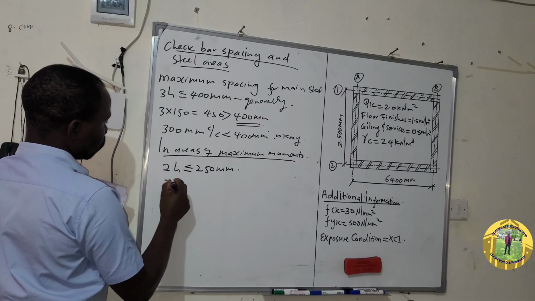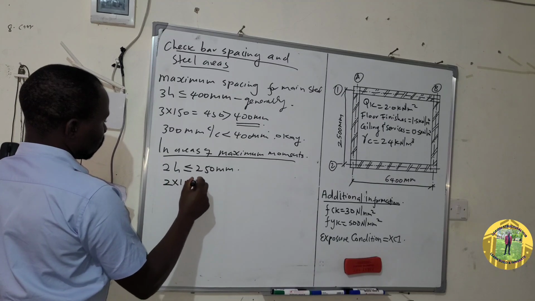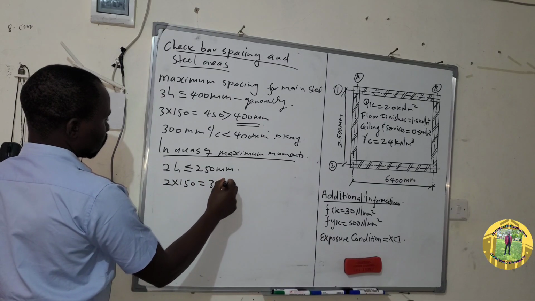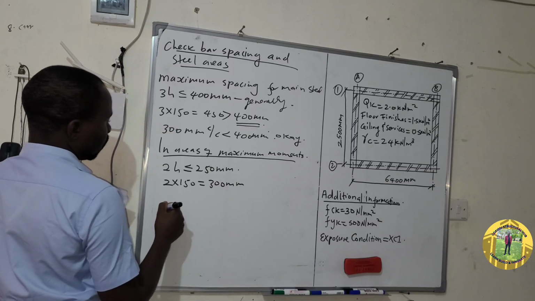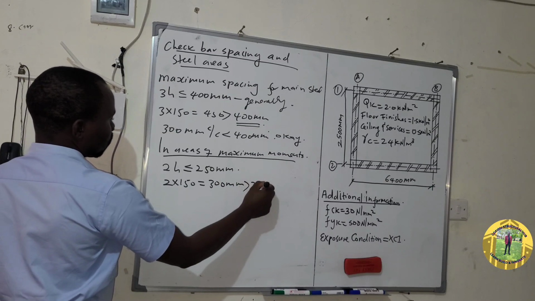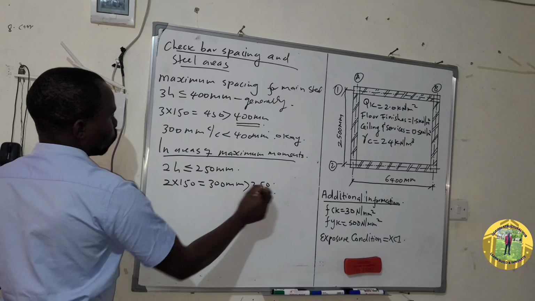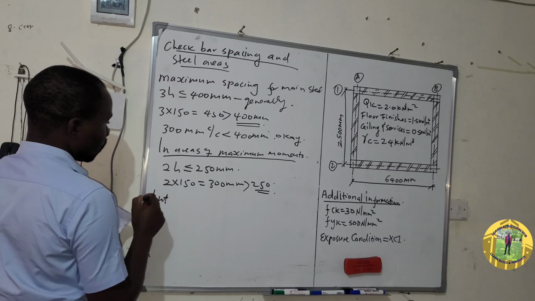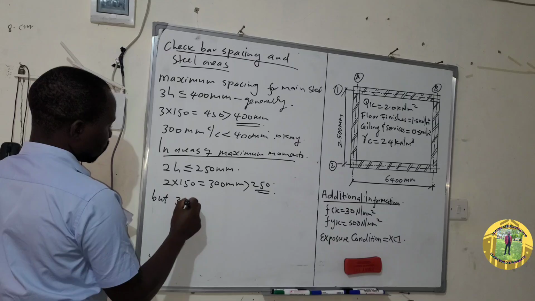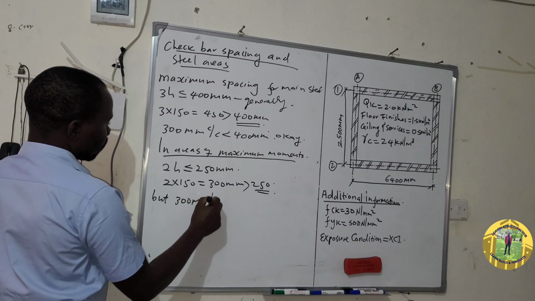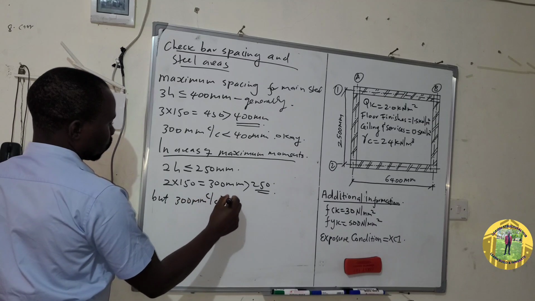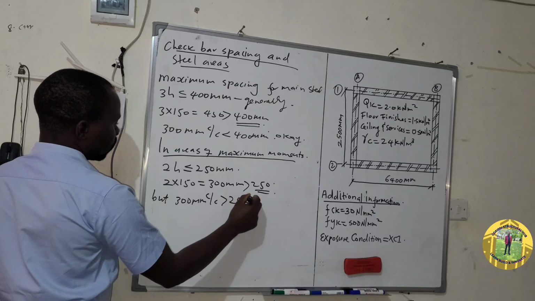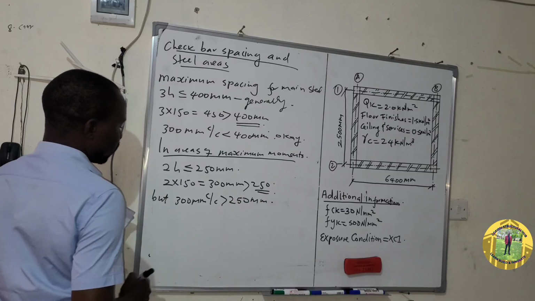So this is 2 times 150, which is equal to 300 millimeter, and it is greater than 250. Therefore, we use 250 as our maximum, but 300 millimeter center to center is greater than 250 millimeter.